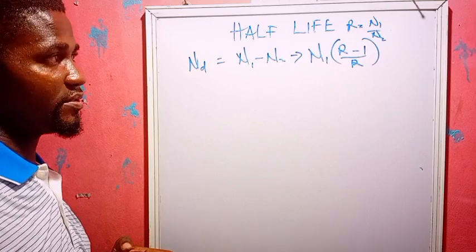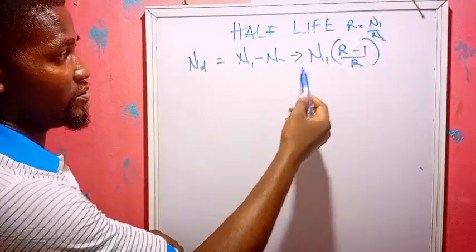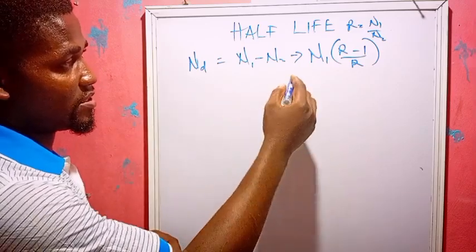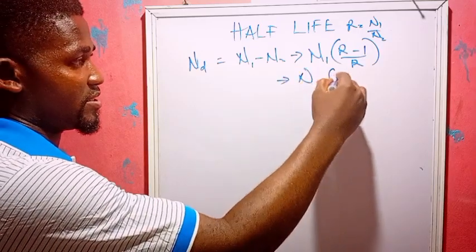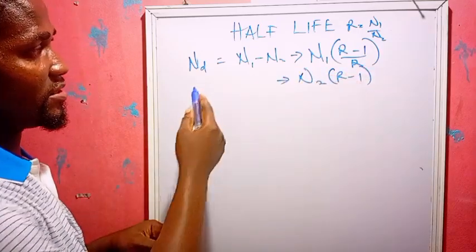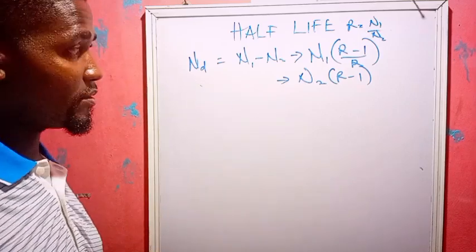If we substitute here, we can cancel out and we have N2 bracket R minus 1. That is the number of atoms that decay.